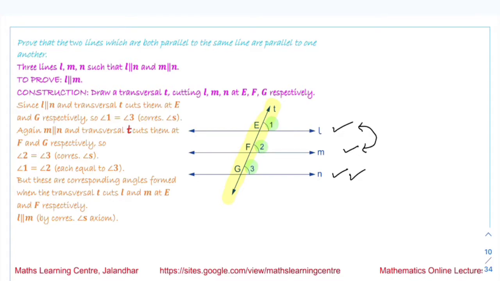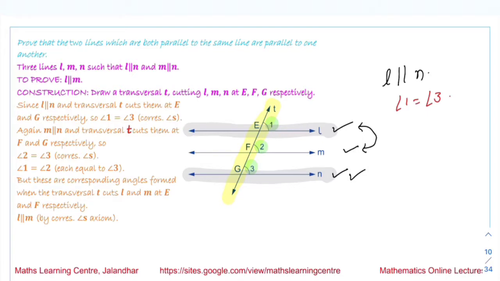Now it is given to us that L is parallel to N. If this line L is parallel to the line N, then we are saying that angle 1 is equal to angle 3. Why? Because these are corresponding angles.